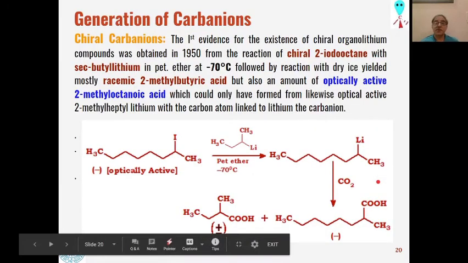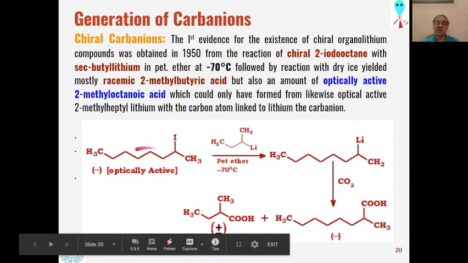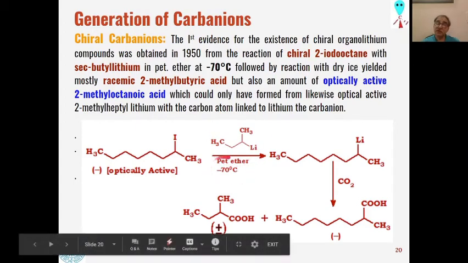Then there are chiral carbanions. The first evidence for the existence of a chiral organolithium compound was obtained in 1950, when optically active 2-iodooctane was reacted with secondary butyl lithium in the presence of petroleum ether at a very low temperature of the order of minus 70 degrees centigrade.